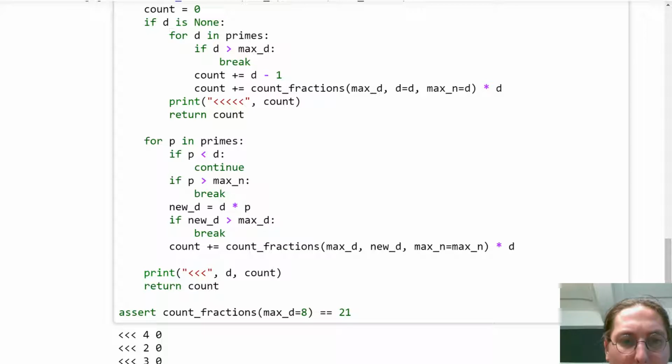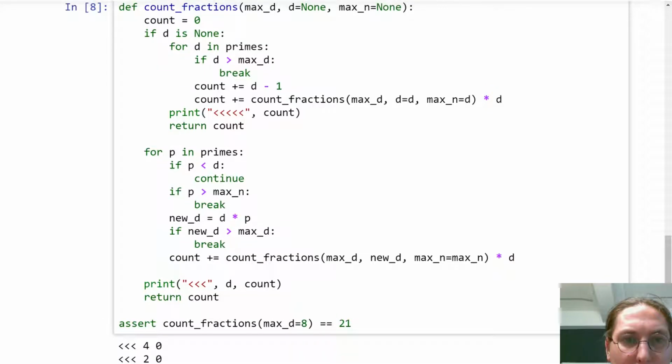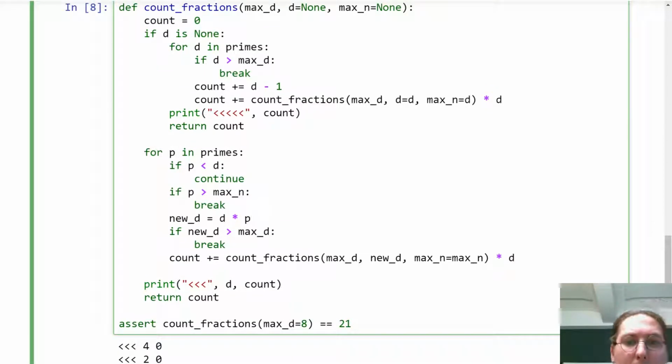So how would we solve that? We do it recursively. You start with the 2s. You can also fill in, of course, all numbers based on primes.